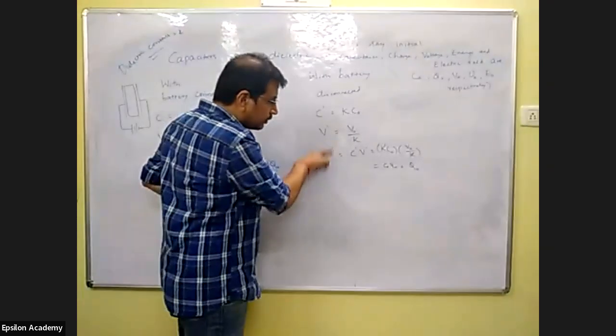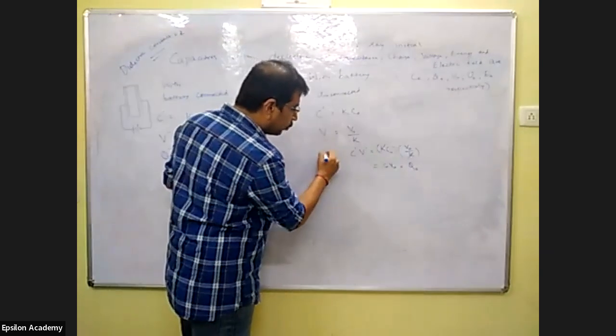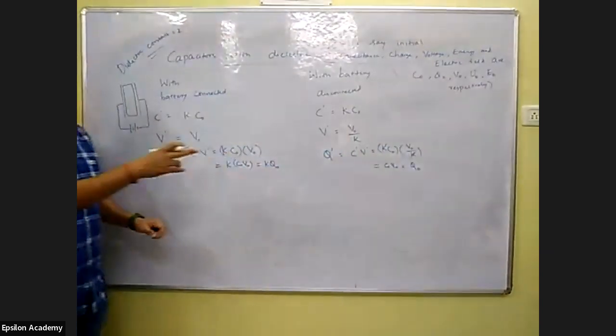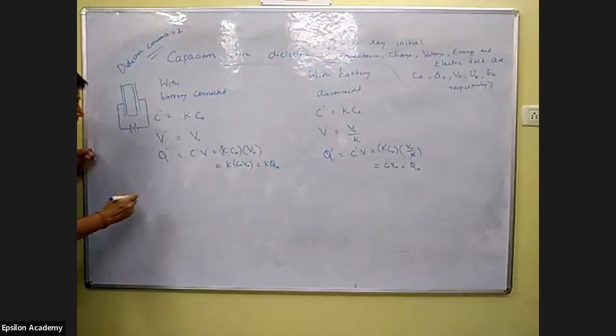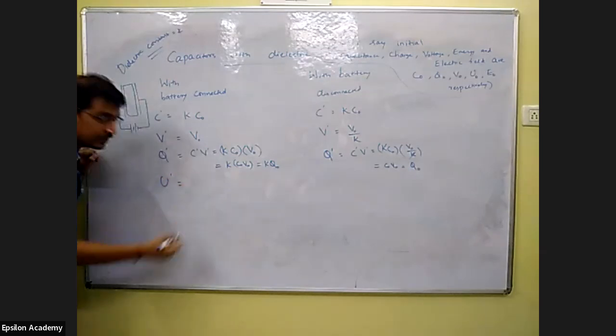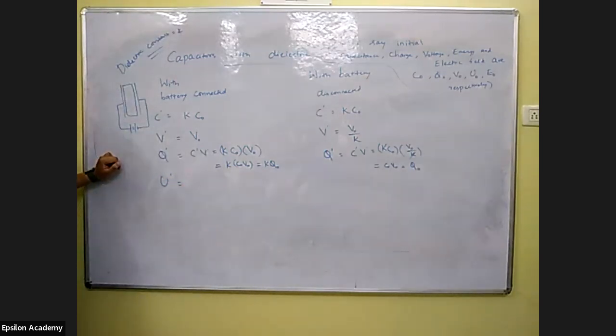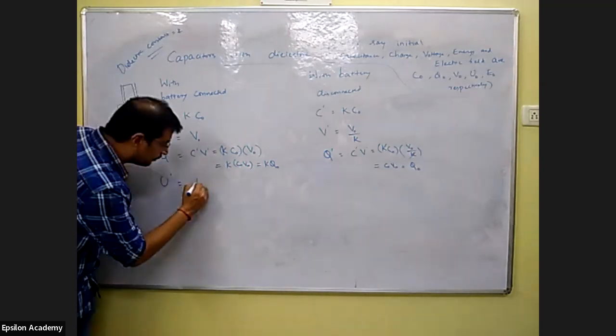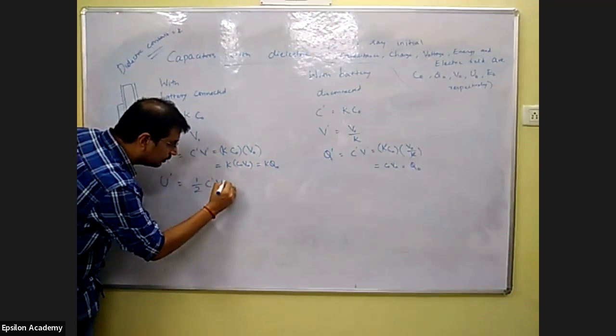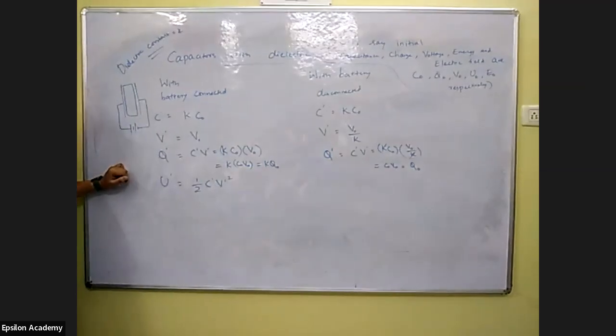Here, guys, so it starts dropping and it goes back to its original value. What about the energy now? Can I say U dash is the energy? What is the formula for U? Half C V square. So U dash is half C dash V dash square.